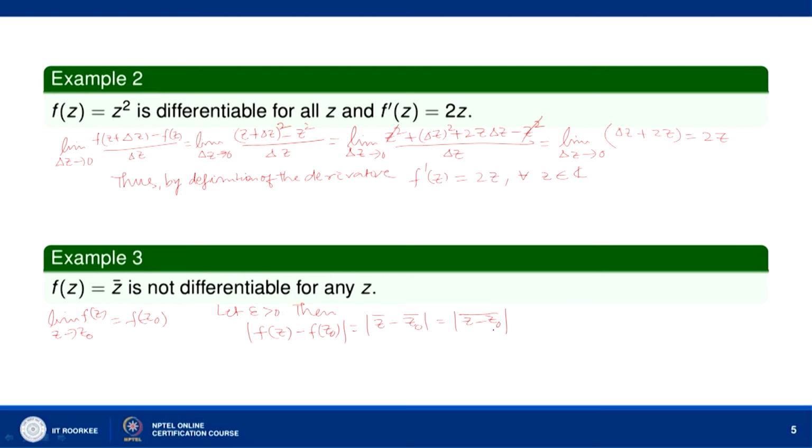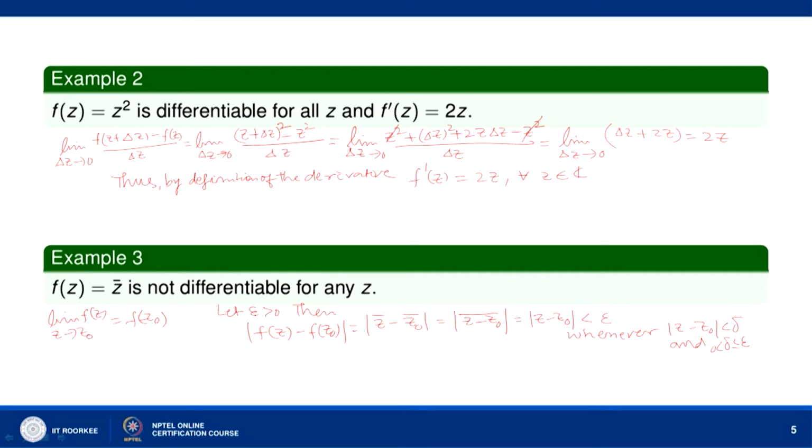But mod of (z minus z naught) conjugate is equal to mod of z minus z naught. So, mod of f z minus f z naught is less than epsilon whenever mod of z minus z naught is less than delta and 0 less than delta less than or equal to epsilon.